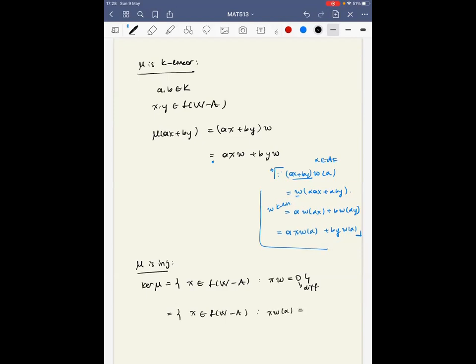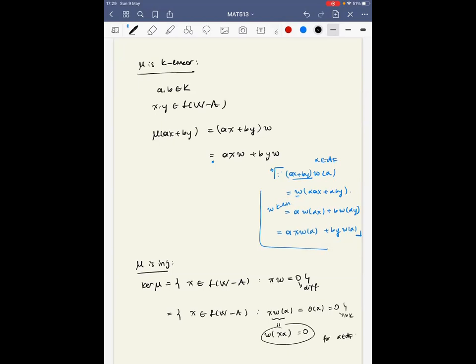So that means for every adele alpha, its image under the Weil differential xω is going to be zero in the base field, in the constant field K. And by the definition of this product, we want to observe for which functions this value is zero, and we want to see it for every adele.